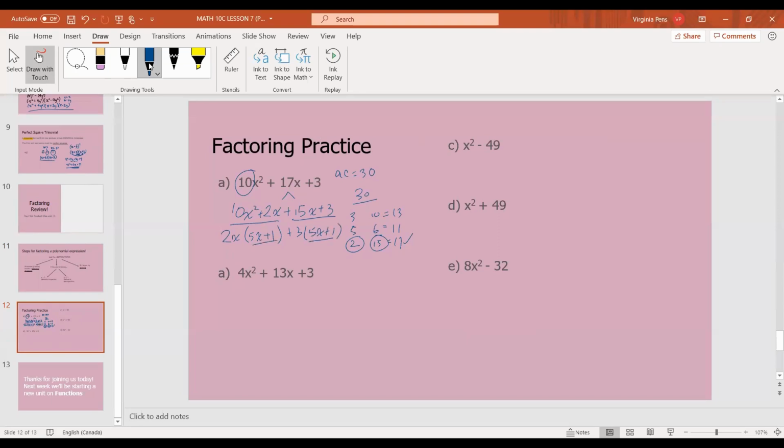Once again, these are the same, so we can factor the 5x plus 1 out, which will leave 2x plus 3. Yay, and this is our final answer. Underline it. Okay, moving on.